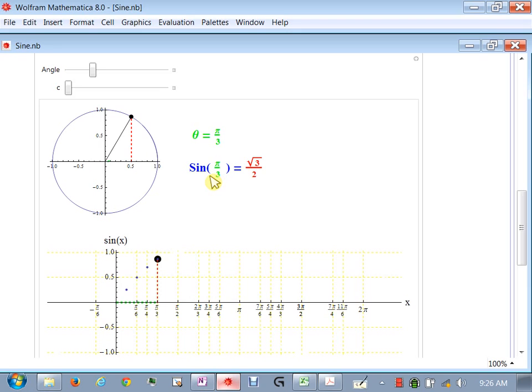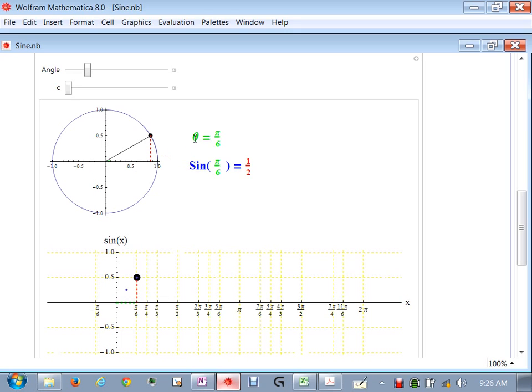Sine of the angle is always the y coordinate, right? So it's the height of that point. So as I start to rotate this angle, or rotate that point around the unit circle, the angle is the thing that's changing. So the angle is the input, right? Angle is what goes into the function. What comes out is the height, that red distance, right? That height is our output.